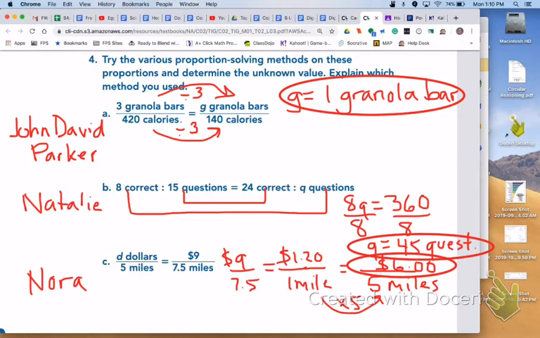For letter B, I'm going to use Natalie's method of multiplying the outside numbers and the inside numbers, or the outside numbers and middle numbers, in order to get 45 questions. And for letter C, I'm going to use Nora's method, and I am going to first scale down in order to get a unit rate, and then scale up in order to get $6 for every 5 miles.